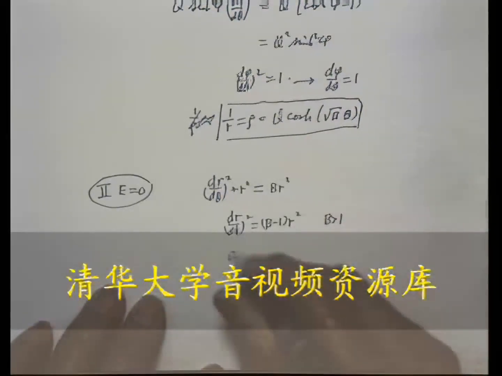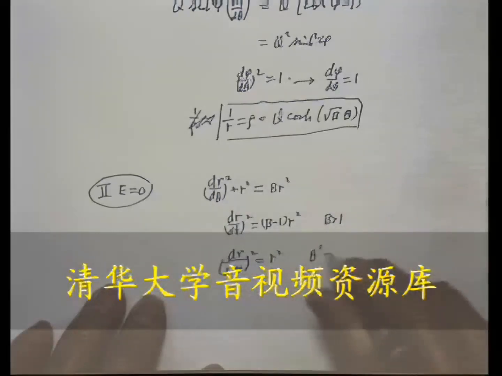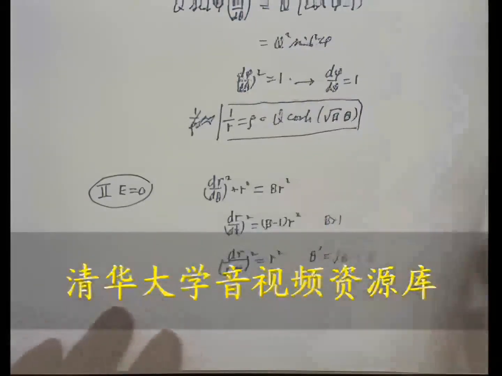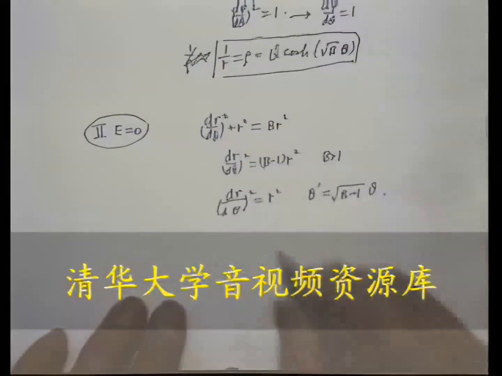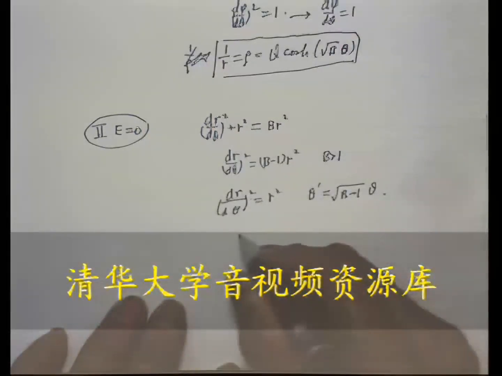So we get (dr/dθ') squared is equal to r squared, where theta prime is equal to square root of b minus 1 times theta. So dr/dθ' is equal to r.